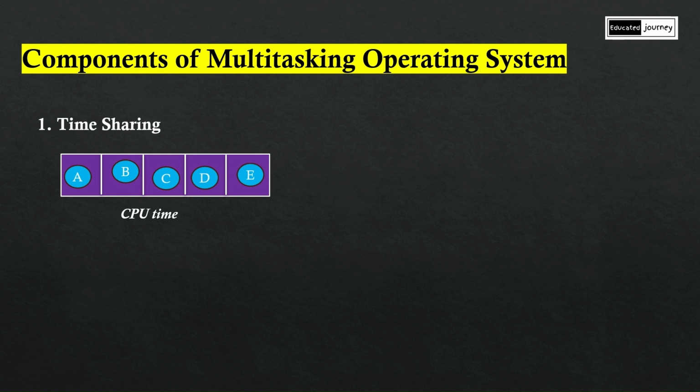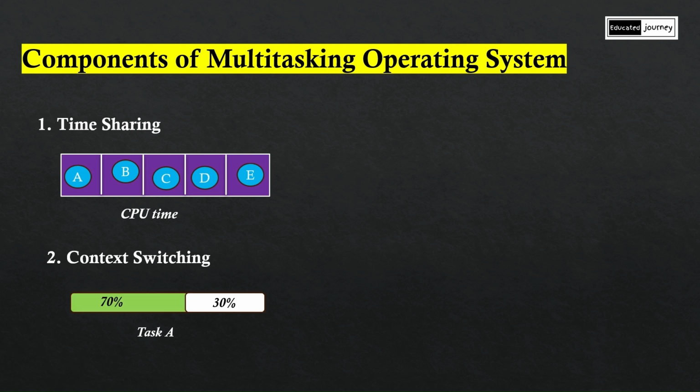The second main component of multitasking operating system is context switching. Context switching is the process of stopping one task and starting another task. When the CPU switches from one task to another, the operating system saves the current state of the running task and reloads the state of the next task. Let's say task A has taken the CPU time and only completed 70% of its task and 30% is remaining.